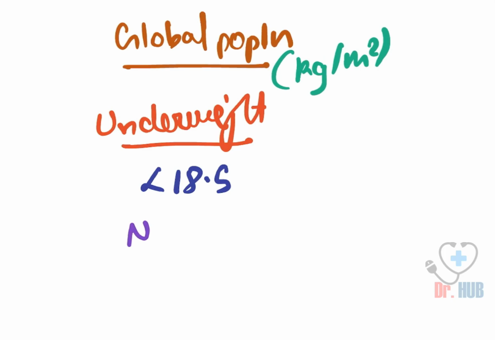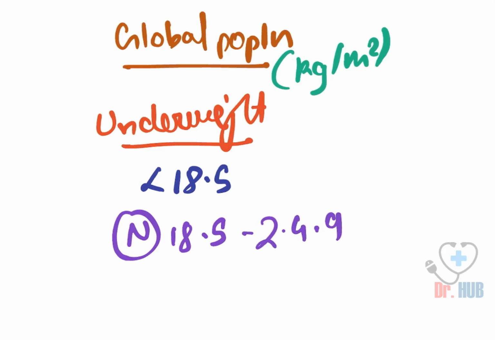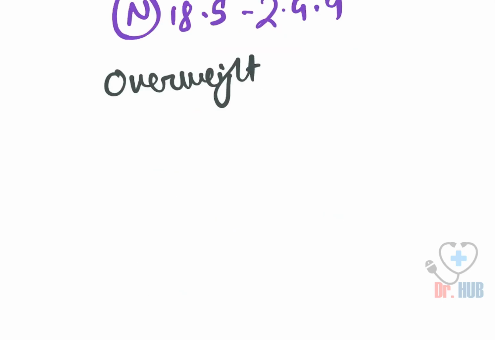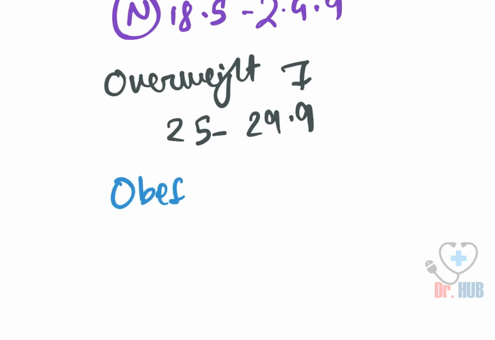After that, there is a normal category, which is about 18.5 to 24.9. Next, we are looking at overweight, which goes from 25 to 29.9. Then comes obesity, which is greater than 30.